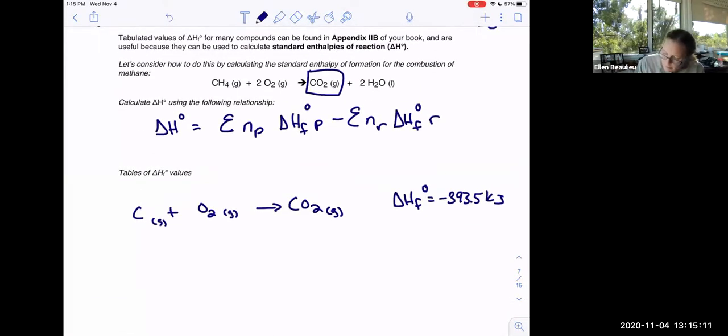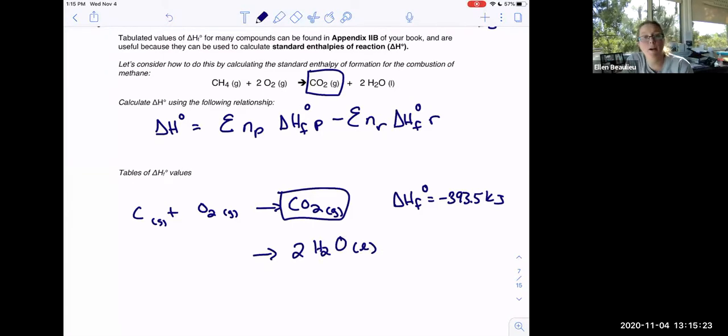Okay. Same thing for my next product. This time I want 2 moles of liquid water. Well, that means I need 2 hydrogen gases and an oxygen gas. What do I need to do to that delta HF?